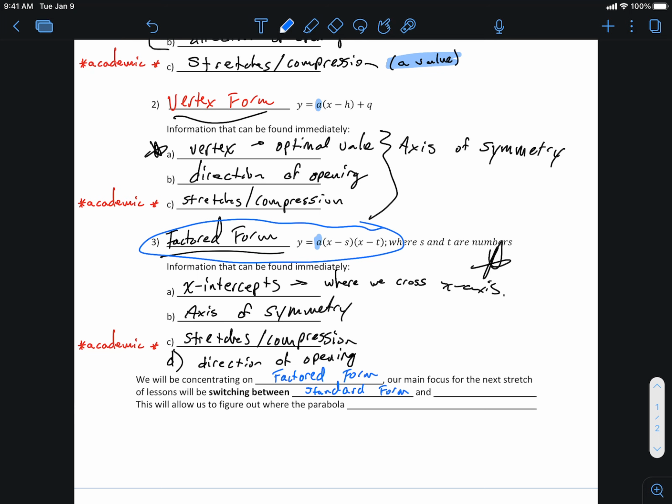So we're going to take our standard form equation and switch it into this form so that I can find the x-intercepts. It's going to tell me what they are. And then at the bottom, this will allow us to figure out where the parabola crosses the x-axis.